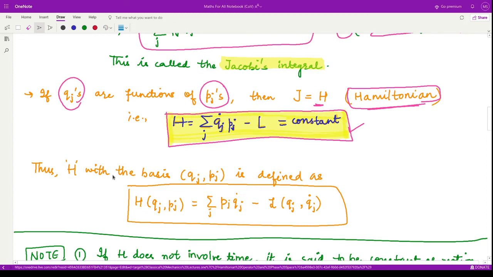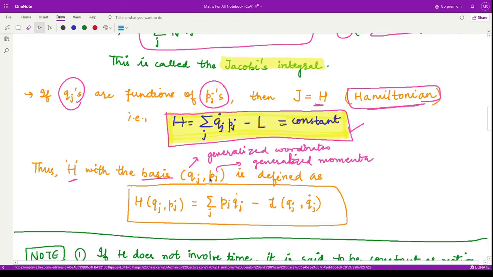Next, in the previous video we talked about the Hamiltonian, and that this Hamiltonian is an operator based on the basis set Qj and Pj, where Qj's are the generalized coordinates and Pj's are the generalized momenta.